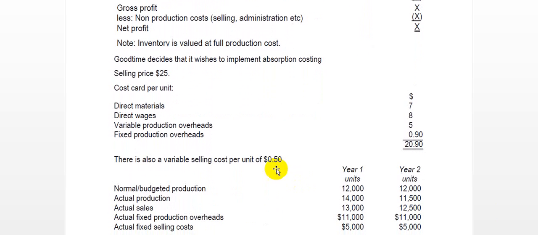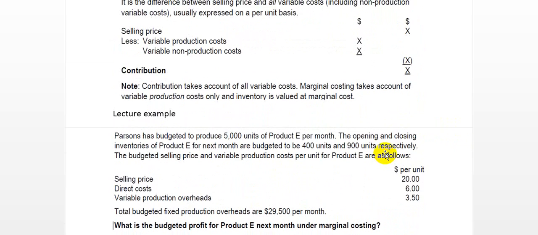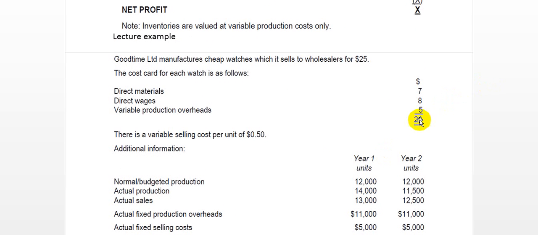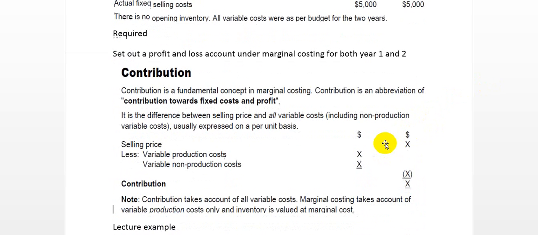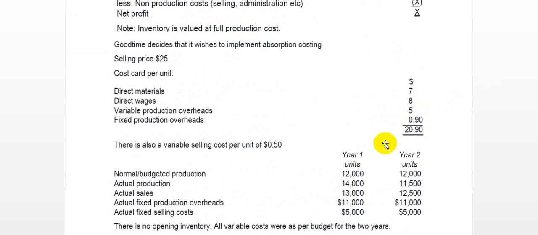You'll notice that in the cost card we now have fixed production overheads of 0.90, which was not included in the other cost card under marginal costing. The rest of the information is the same.